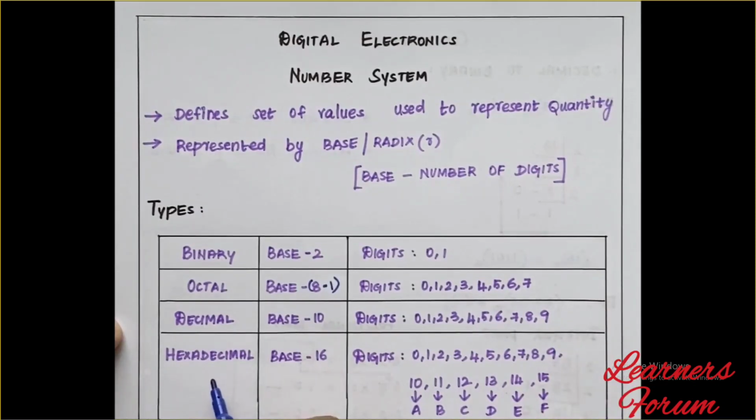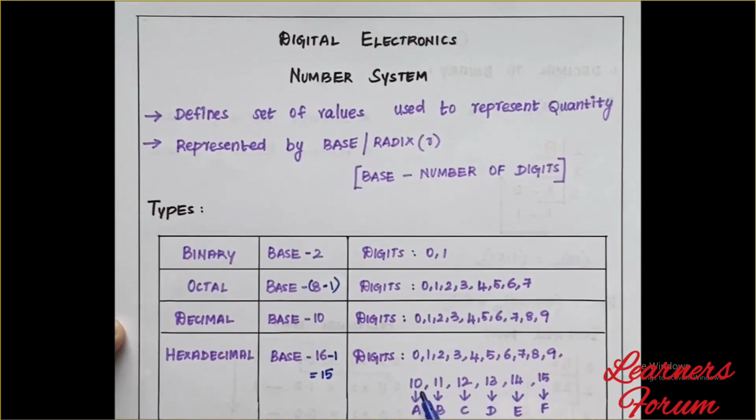Next is hexadecimal. The base value of hexadecimal is 16, but there will be a small change with respect to the other types. 16 minus 1 means we will have 15 as the last digit, but starting from 0 till 9, we will have as usual 0, 1, 2, 3, 4, 5, 6, 7, 8 and 9. And after 9, for the 10th value, we will replace it with alphabets.